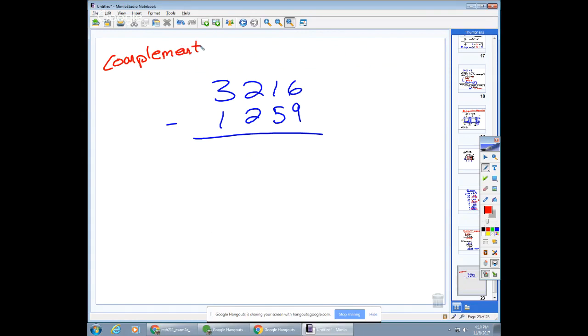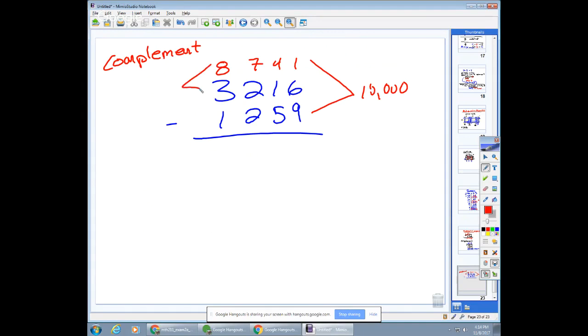So this is 1,000, so I'm going to make the complement out of 10,000. So 9 and 1 would make a 10, and then I have to make 9s. So 5 and 4 make a 9, 2 and 7 make a 9, 1 and 8 would make a 9. So 8,741 is the complement, or 1,259 out of 10,000.